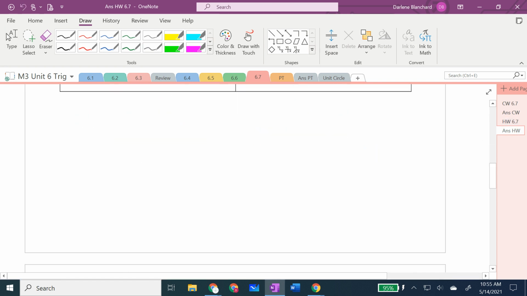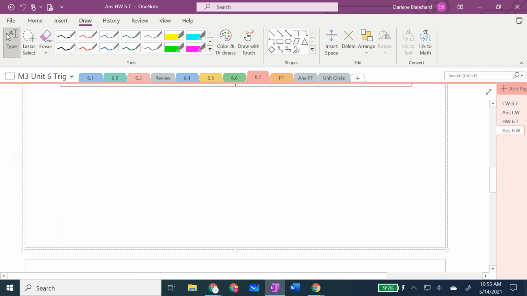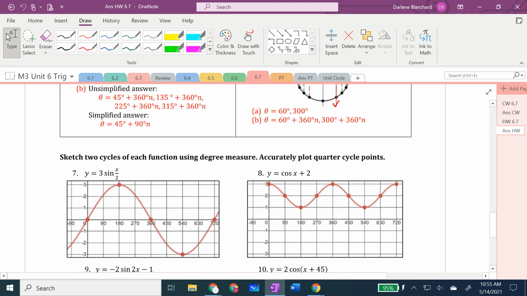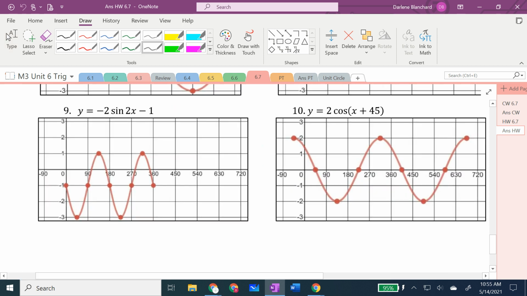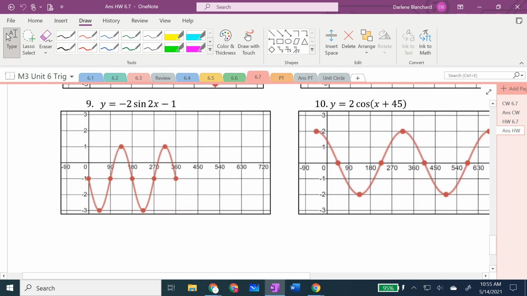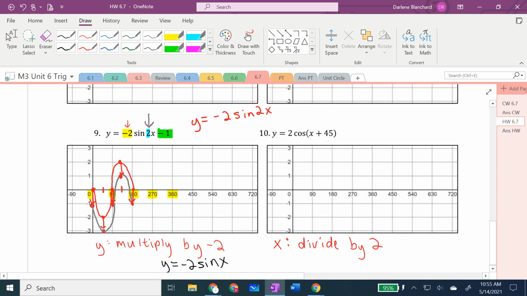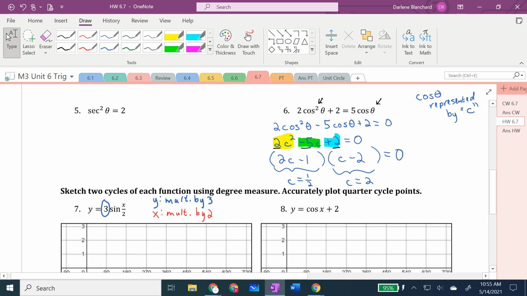And if we look at the homework answers, this is showing 2 cycles of the graph. I think in the directions I said 1 cycle. No, I said 2 cycles.